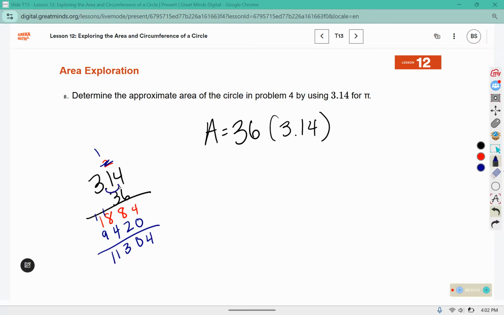We have 2 decimal spots there, so we need 2 here. So the area is about 113.04 centimeters squared.